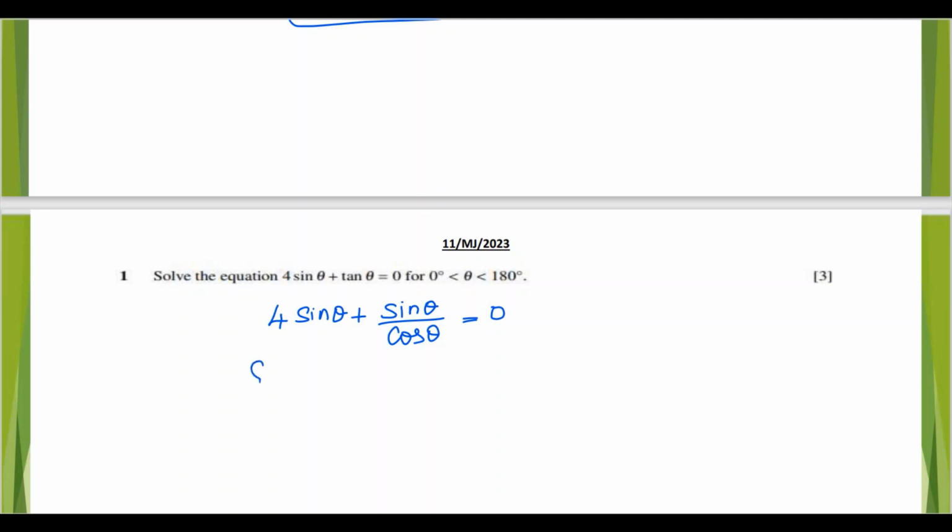First, let's take sin theta as common: sin theta multiplied by 4 plus 1 over cos theta equals 0. So sin theta equals 0 or 4 plus 1 over cos theta equals 0.